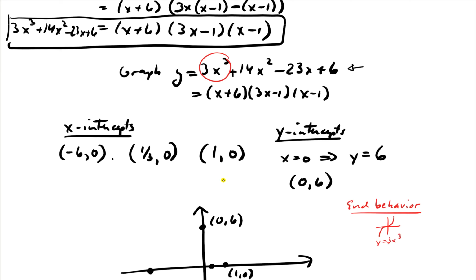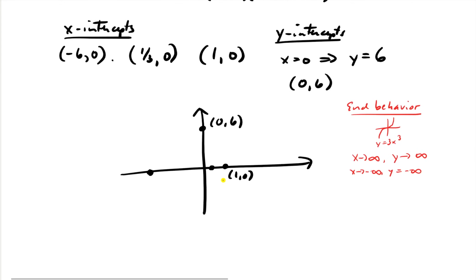So we know that as x goes to infinity, y will go to infinity as well. As x goes to minus infinity, y will go to minus infinity. So we should end up here and here in the long run. So that means our graph probably looks something like that.